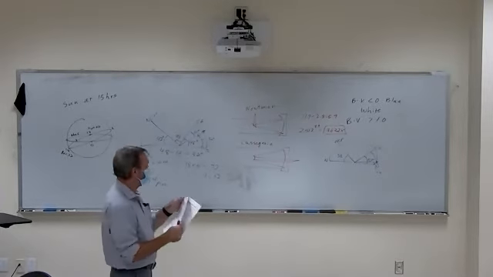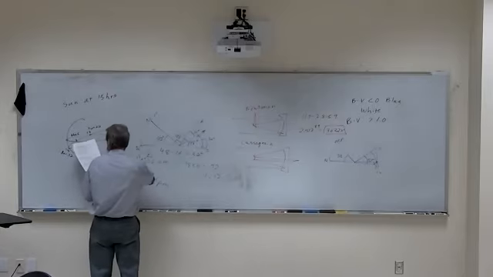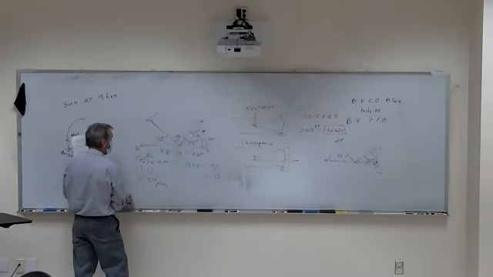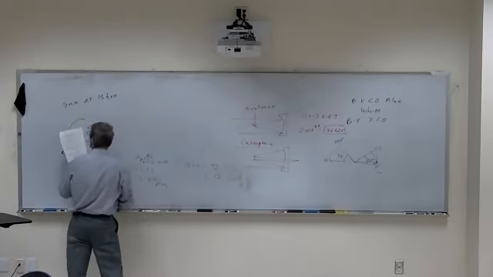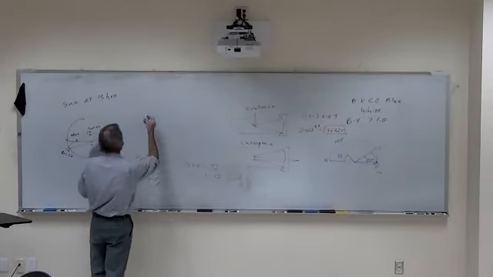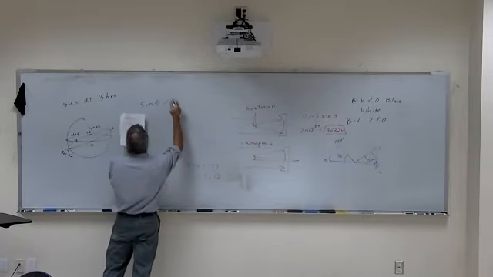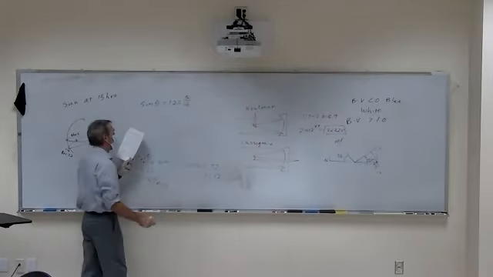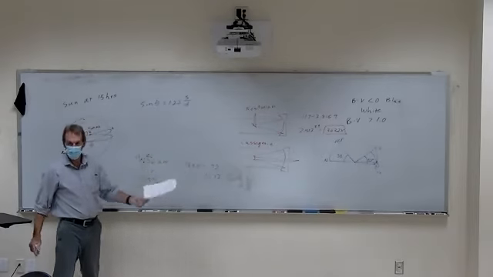Number 5, we have an equation we use to calculate angular resolution. Use this equation, sine of the angle is equal to 1.22 lambda over d. The only thing we have to do is make sure those are in the same units.